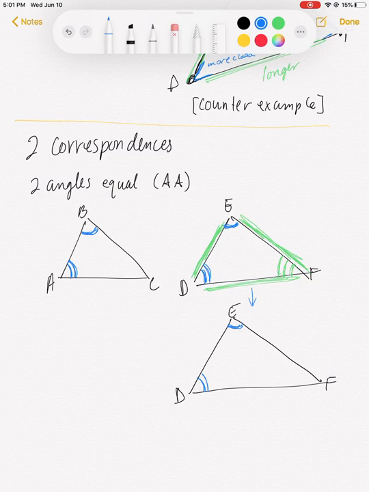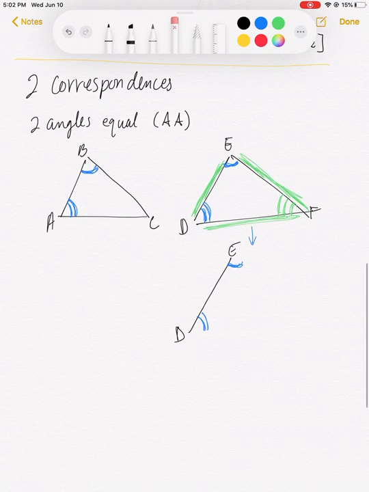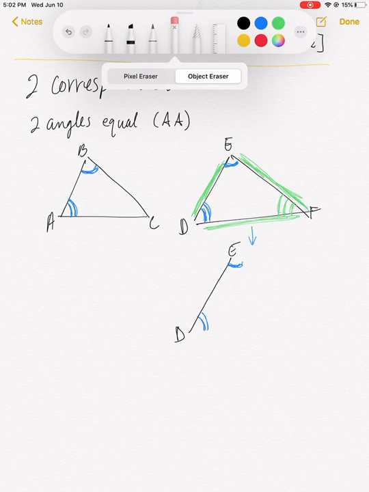So let's go ahead and extend all of the sides and then keep the angles the same. I'm going to make this triangle bigger. So I'm going to extend DE.